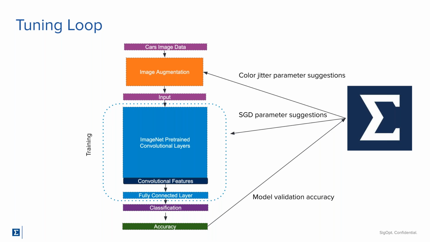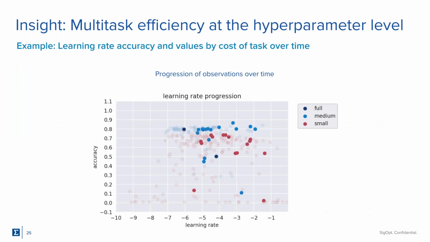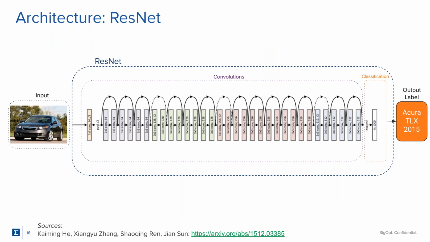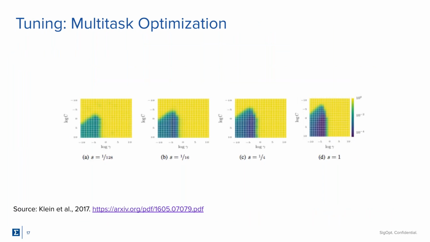Multitask optimization is an efficient form of Bayesian optimization, and it goes back to this example where it's Bayesian based off of partially trained models, which makes it a more efficient method to try.